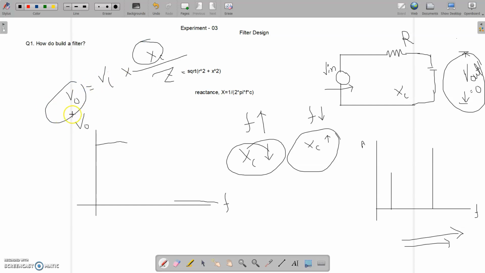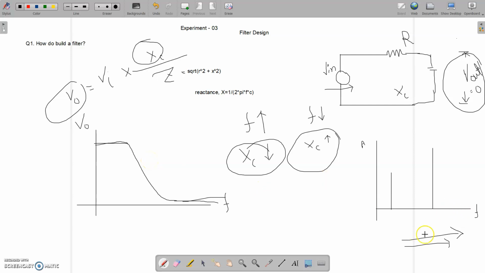So I get a figure like this, a slope and then a flattened curve. At low frequency I have a very high amount of output, at high frequency a very low amount of output. This looks like a low pass filter, right?